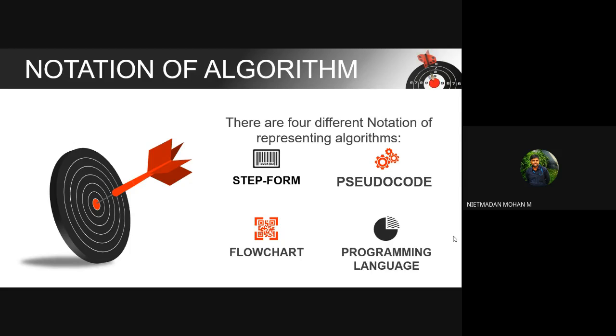I'm explaining again. If you are writing nearly 2 to 3 pages of an algorithm for a particular program, while you are seeing that algorithm in a written format, it will be difficult to find where the error has really occurred. A flowchart is a graphical presentation, interconnected from one statement to another statement.